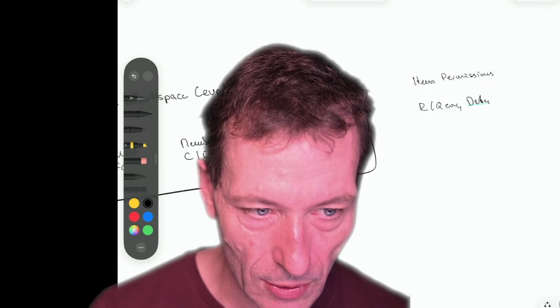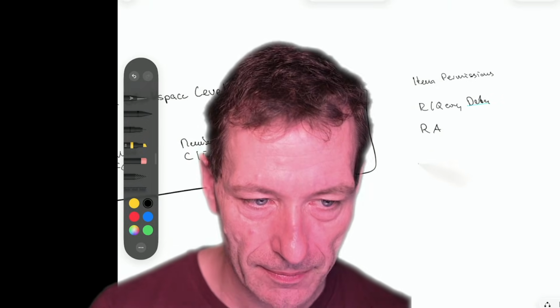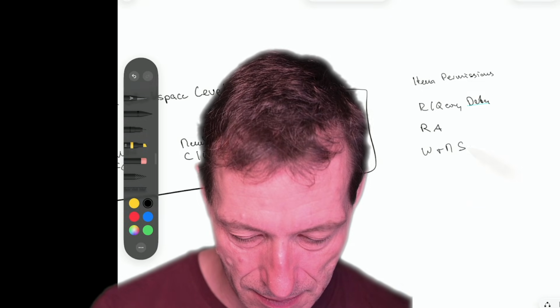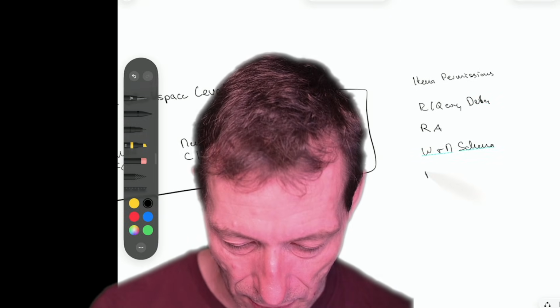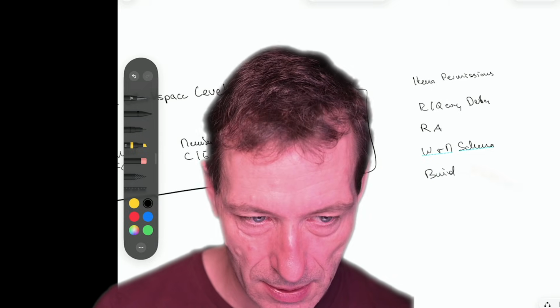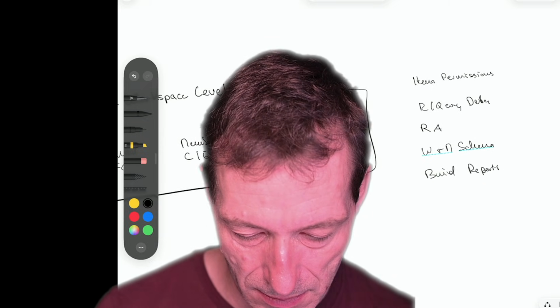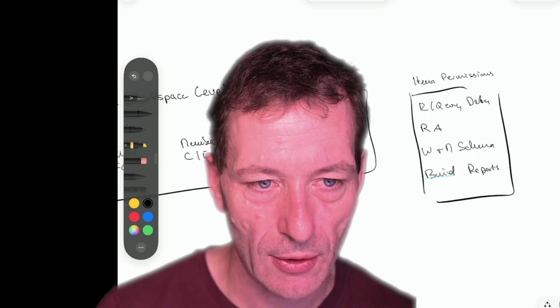You have read all for the underlying files. You have write and modify schema. And you have the capability of build and create reports. So for different items, you can have different layers of permissions.